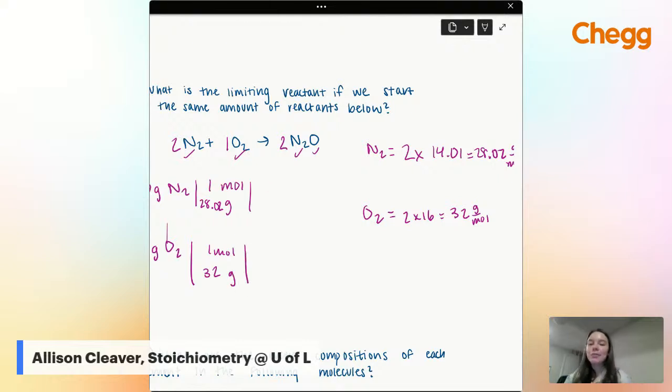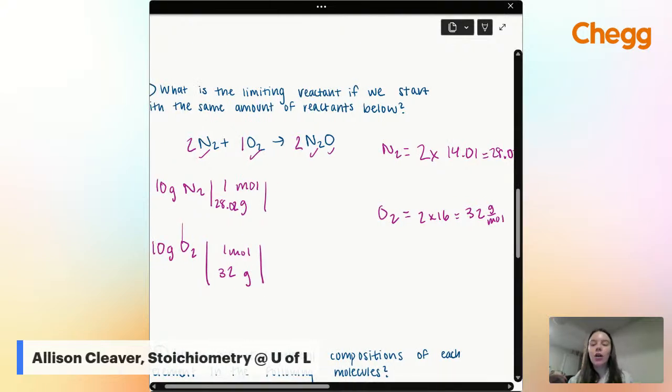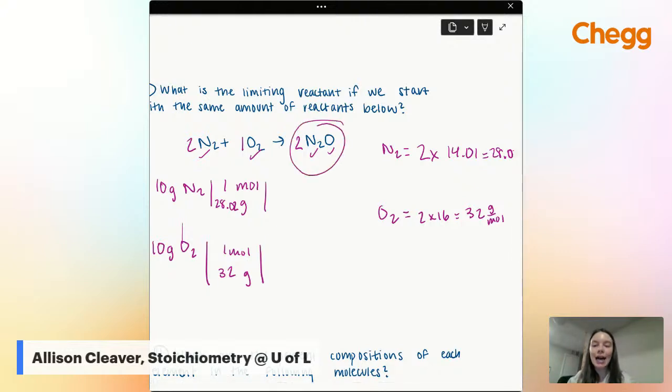Now, what we need to do is take all of the reactants to one product. Since this problem only has one product, it's easy. We have to figure out what limits the product. But if you had 2 products when you were doing a limiting reactant problem, what we would do is choose one product to take both reactants to.